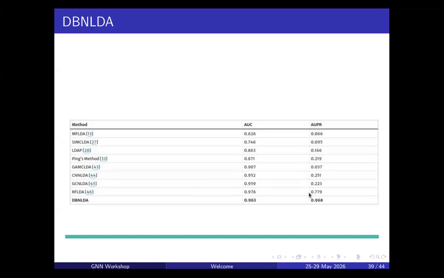That indicates the power of graph representation. The other methods use random forest or similar traditional algorithms, but DBN-LDA captures these properties in a better way. That's why the results improved in this case.